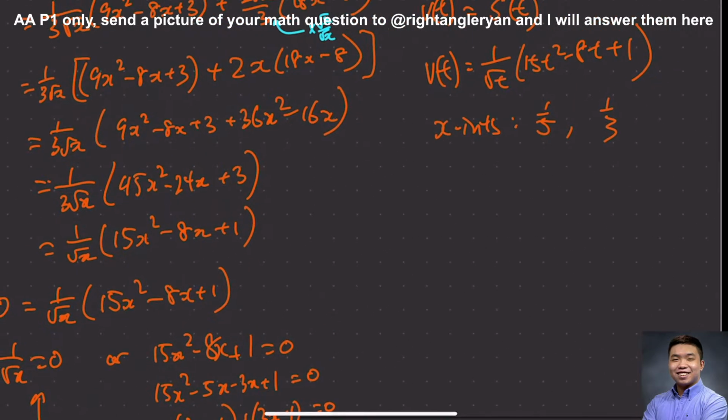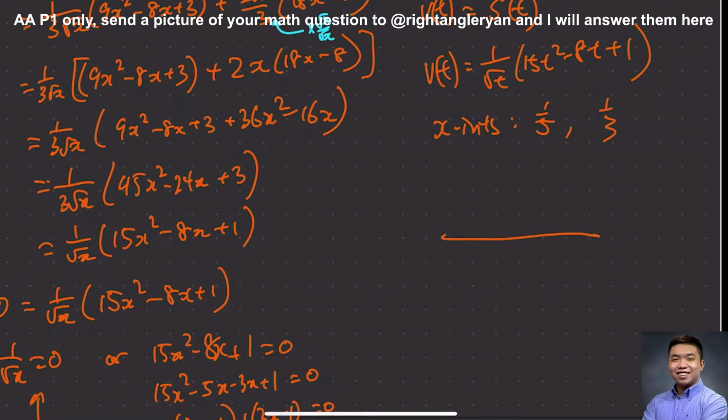Normally I would say there's a shortcut: this is quadratic and a is positive, so it's U-shaped, so it must be in between these two for it to be negative. But because we have this extra chunk here, just in case, I'm going to set a number line: 1 over 5, 1 over 3, and remember you need to put your asymptotes as well. t has to be bigger than or equal to 0, so I'm going to set a dotted line at 0.